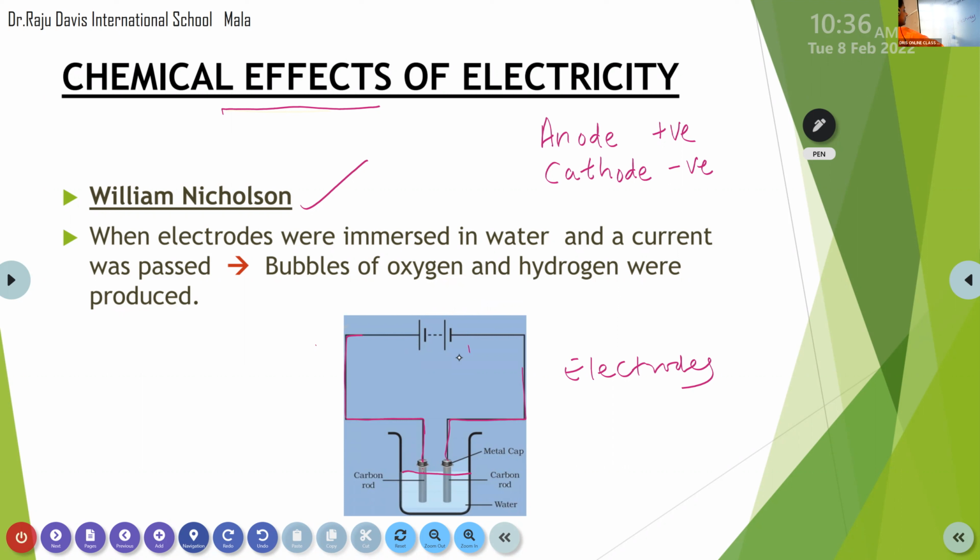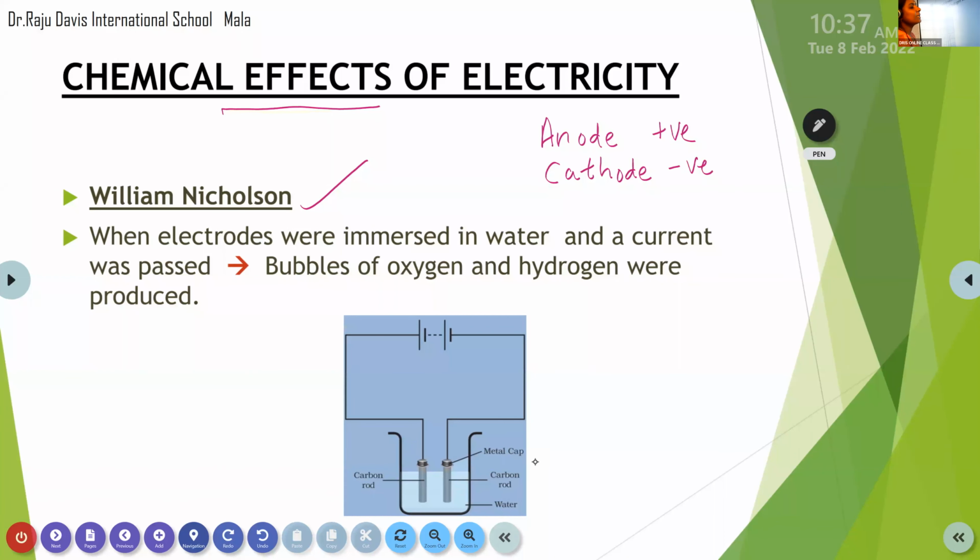Yes, ma'am. And then what is the liquid inside this container? Water. So what is the chemical formula for water?